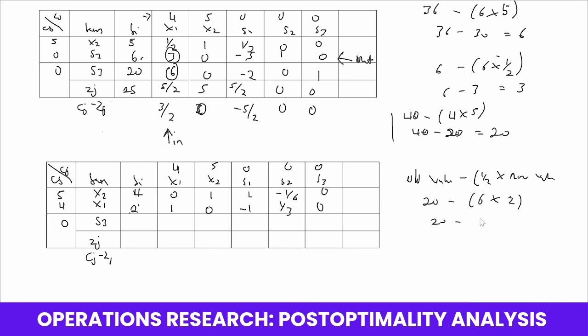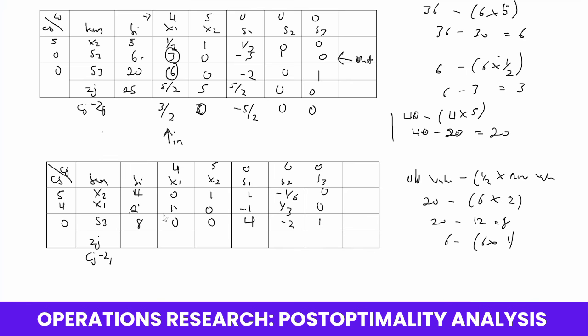So 20 minus 12 will give us 8. So our value should be 8. Same thing for the next one. We have 6 here. 6 minus 6 times the new value here, 1. That will give us 0. 6 minus 6 is 0. Same for here. When you do it, you know the formula. So we just substitute our values, and then we are good to go.